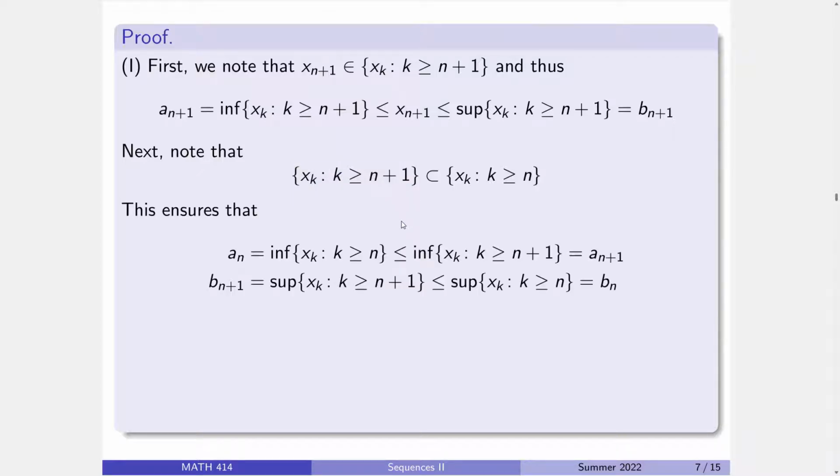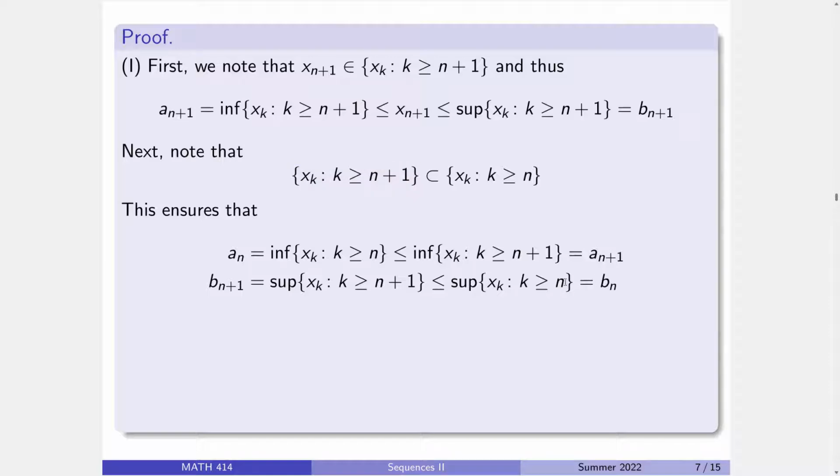So these two inequalities must be true. So the infimum on the right is less than or equal to the infimum on the left. So a sub n is less than or equal to a sub n plus 1. And likewise, the supremum on the right is less than the supremum on the left, because the supremum here is an upper bound for this set, and the supremum is the least upper bound.